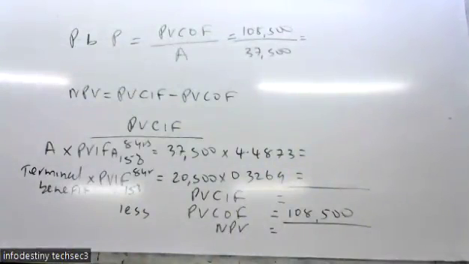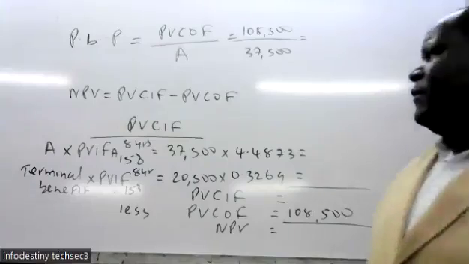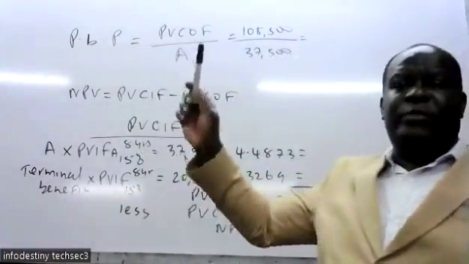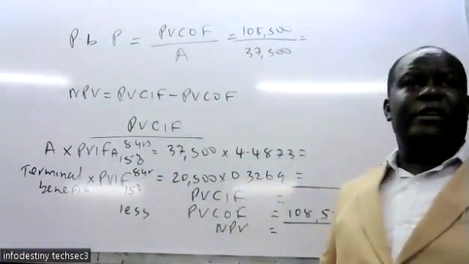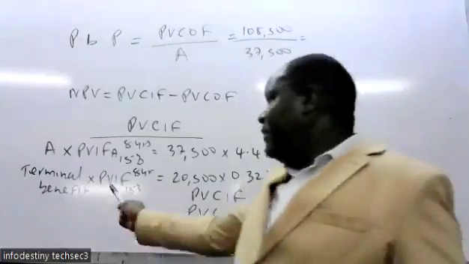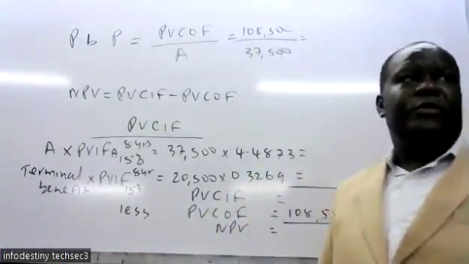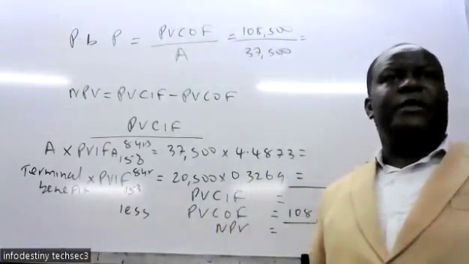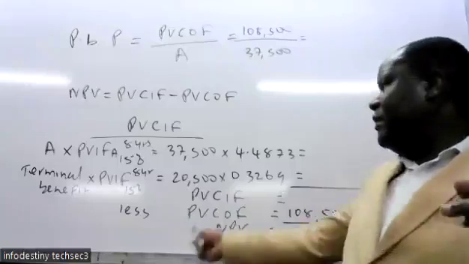So when it comes to the IRR, because of the terminal benefit, we shall be using the formula of the unequal cash flows, the trial and error method. So we get NPV using the cost of capital given, which is this step.